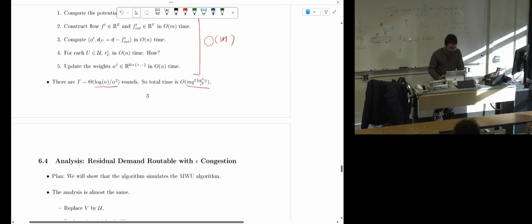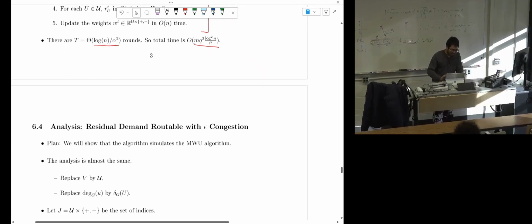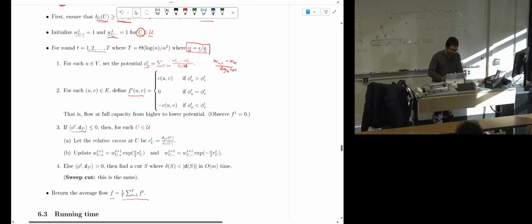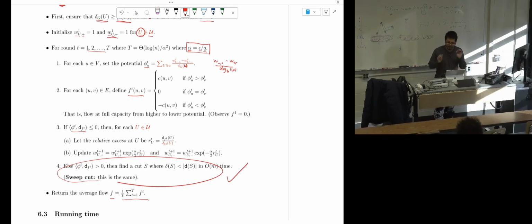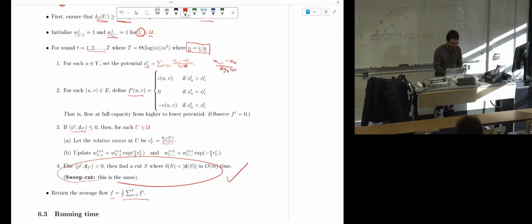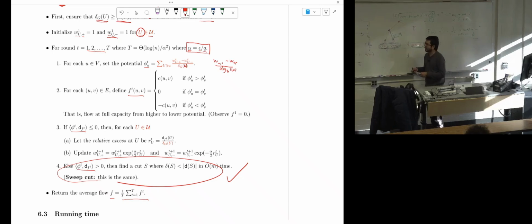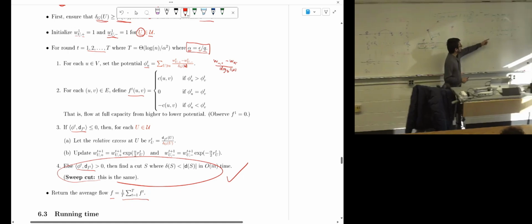Now about why, there's nothing else to prove except that now we said that the running time is fast, and if it returns a cut, it's just the same proof. It's literally just the same thing because it's the same situation. The only thing left is just to say that, okay, if it returns a flow, then we get this.